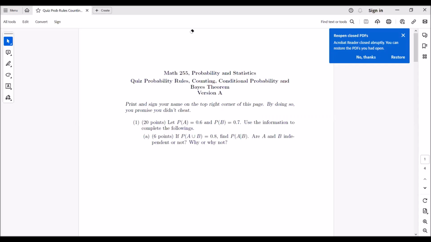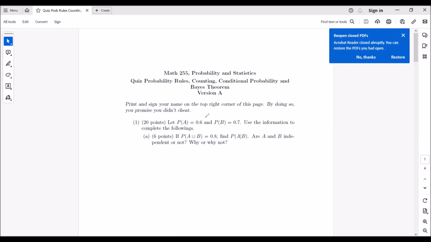Okay, so we have this problem. We know the probability of A equals 0.6, the probability of B equals 0.7. There will be different additional conditions. I wanted to emphasize that if you know the probability of A and the probability of B, then you basically don't know anything else. You need to know something which tells us the relationship between A and B. Then everything else will be known.